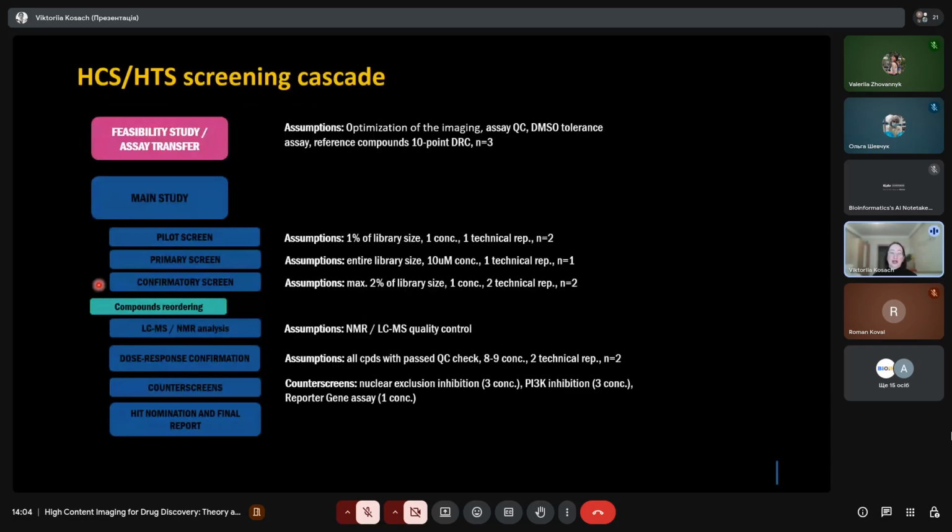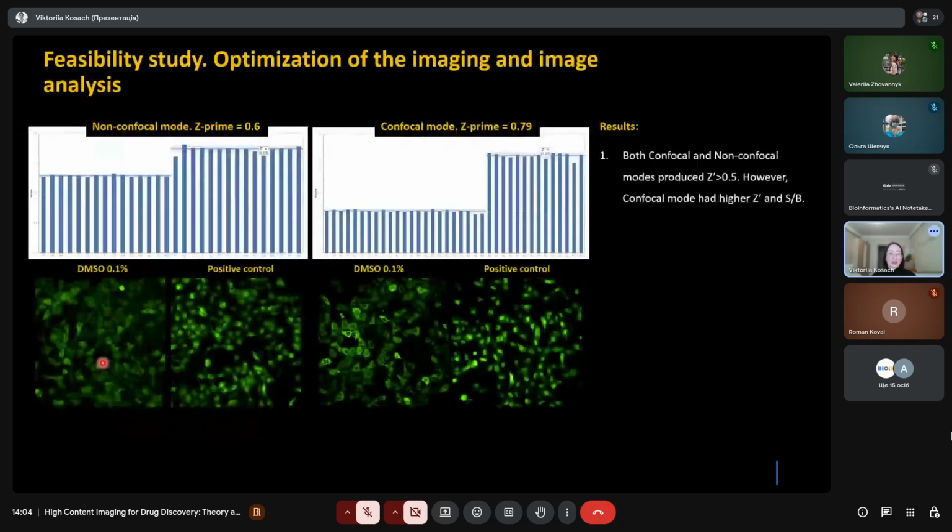After that, there was a confirmatory screen, and when we localized the hit compounds, our client reordered the compounds from fresh powder, tested them for quality, and we ran those dose response studies.